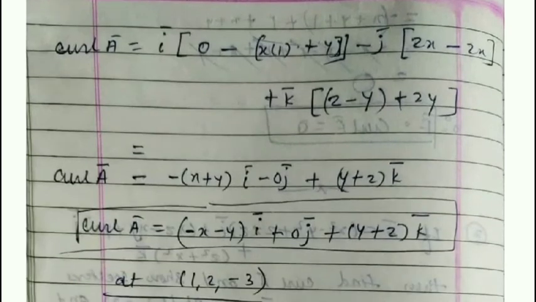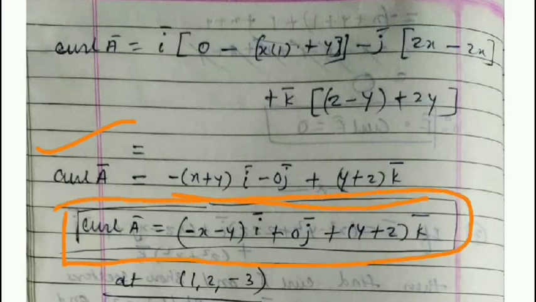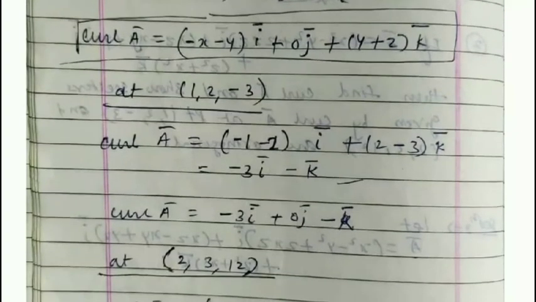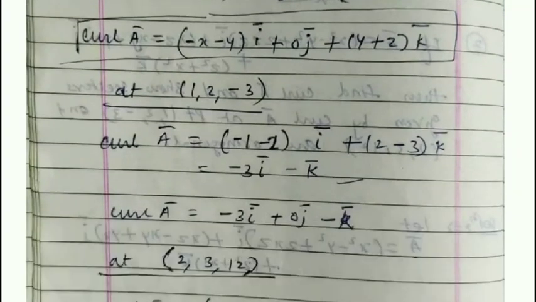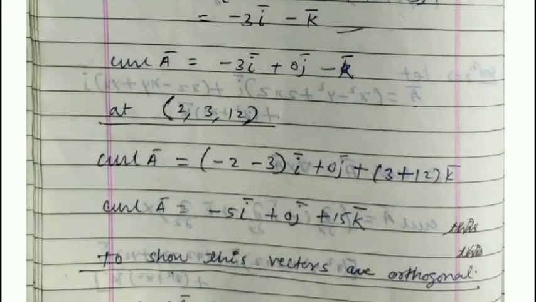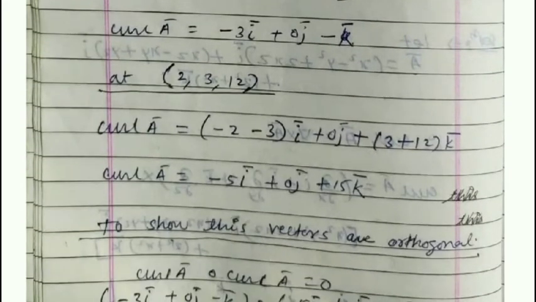After solving, we get the final value of curl of a as minus x minus y i plus 0j plus y plus z k. Now find curl of a at point (1, 2, -3); we will get minus 3i plus 0j minus k. After that, in the curl, put the second point (2, 3, 12). After putting it, we will get the second vector minus 5i plus 0j plus 15k.